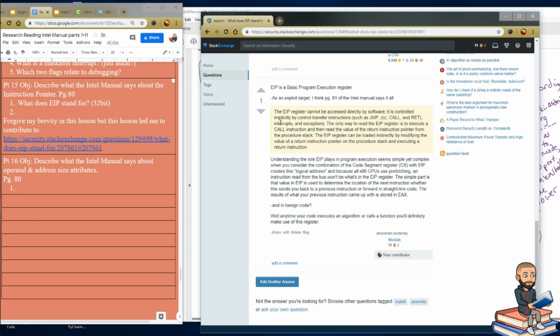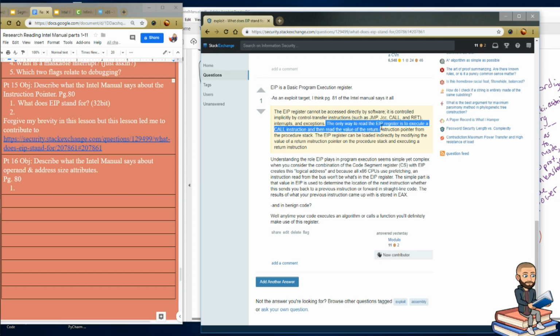But let me read. It says the EIP register cannot be accessed directly by software, okay? It is controlled implicitly by control transfer instructions. So at that assembly level, you'll see these types of instructions. But also the computer has interrupts and exceptions. And these three things can change the value of the EIP register. Now I'm quoting Intel here.